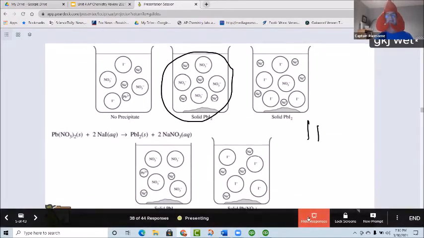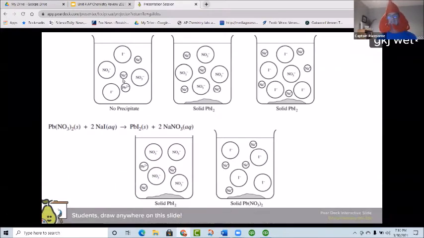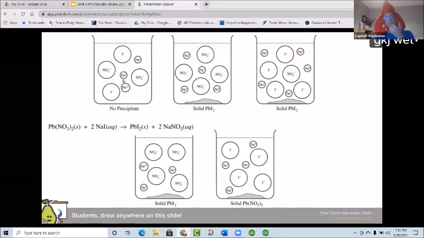All right. So the first one right here, where there's no precipitate, that's definitely out because the equation shows a solid is being made. The problem with the bottom right one is it says solid lead nitrate, but lead nitrate solid at the bottom is not the precipitate that's being made.